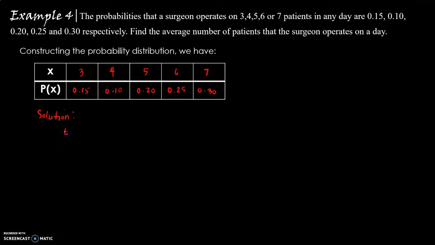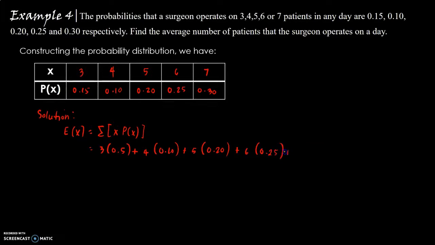The expected value of x is equal to the summation of x times the p of x, and that is 3 times 0.15 plus 4 times 0.10 plus 5 times 0.20 plus 6 times 0.25 plus 7 times 0.30.